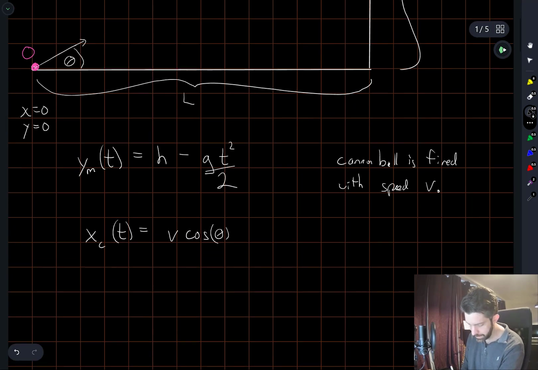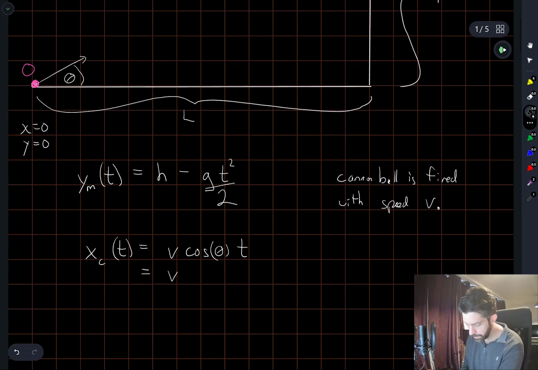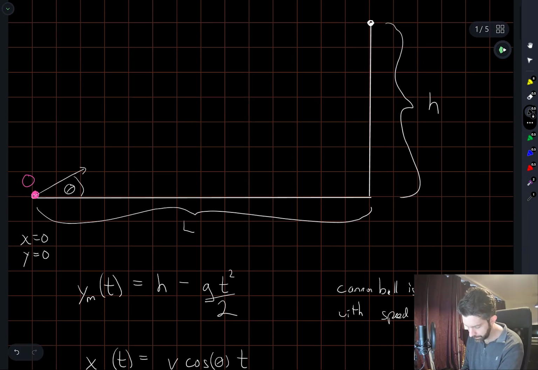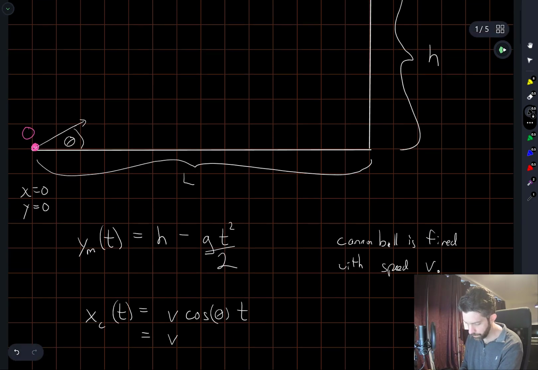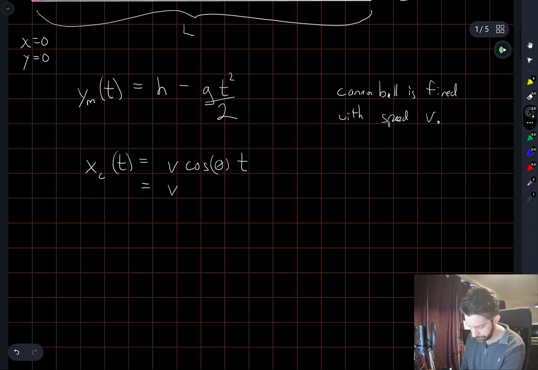Now I'm going to multiply this by t, because if this is the horizontal speed of the cannonball, then the position is whatever the speed is times t, because we're assuming the speed is a constant, the horizontal component at least. But we know cosine theta. Cosine theta is L over the length of this hypotenuse, the square root of L squared plus h squared.